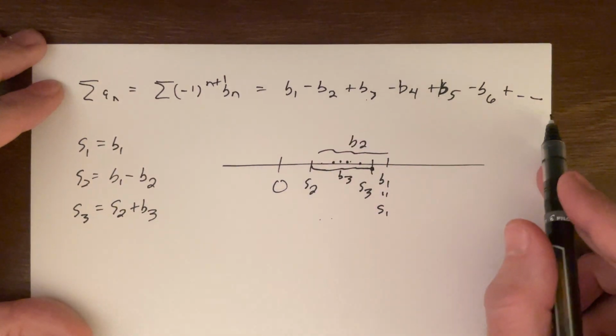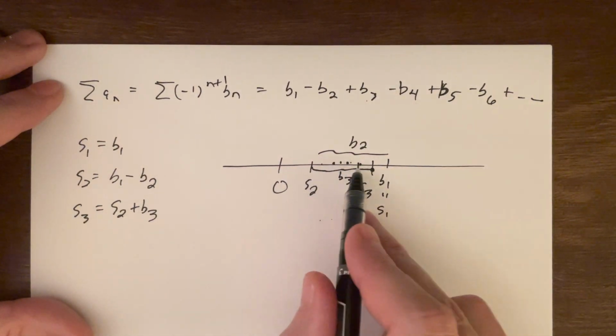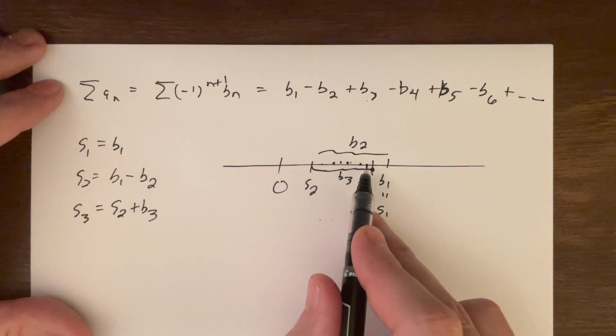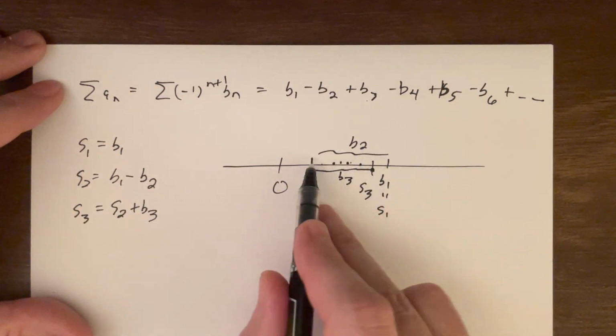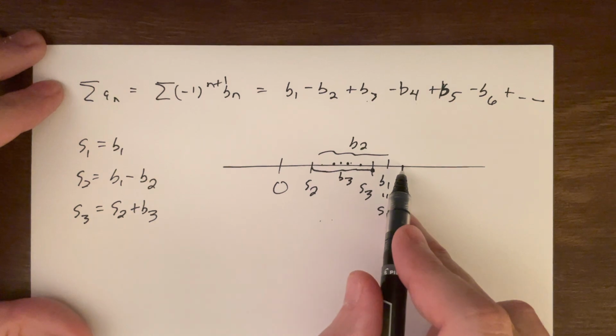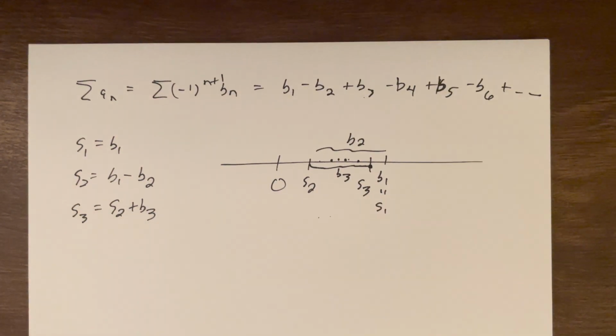So since these terms are going to zero, eventually what you're adding and subtracting goes to zero. That's how we know we're not just stationary, just bouncing from here to here. So like I said, that's not a formal proof, but that's a little understanding about why this converges, why it's such a simple test, and it has to do with that alternation.